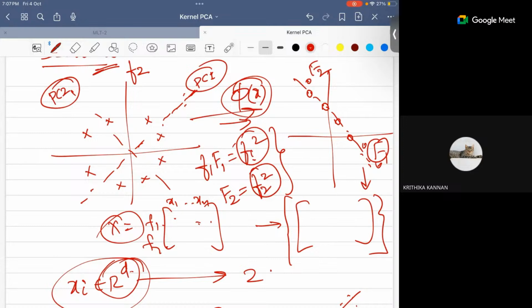I hope the idea behind this is clear. The kernel, or not the kernel as of now, but at least this idea: if the data set that you have is not in some simple linear subspace or some simple pattern, then you can do this also. You can do some mapping, some transformation from this dimension to some different dimension. That can be very high also, that's not an issue as of now.